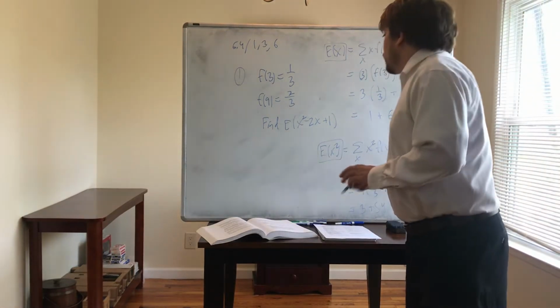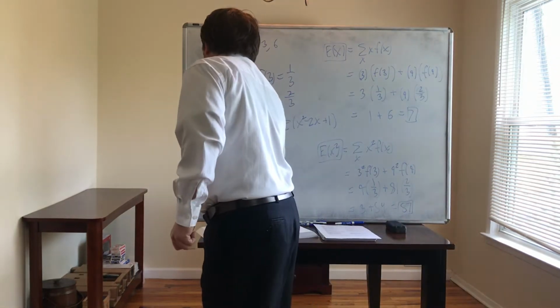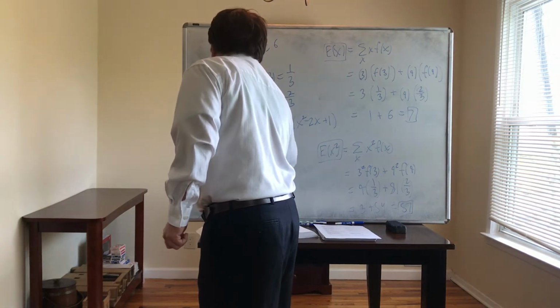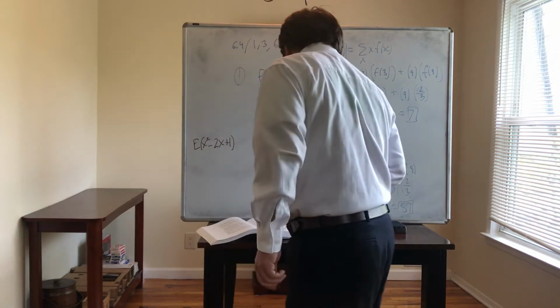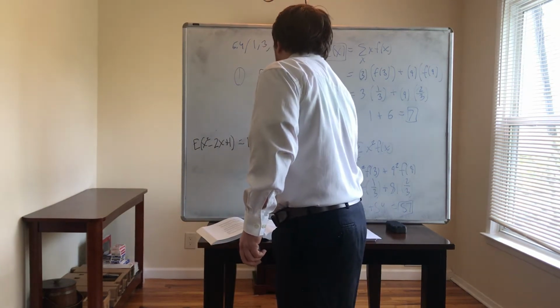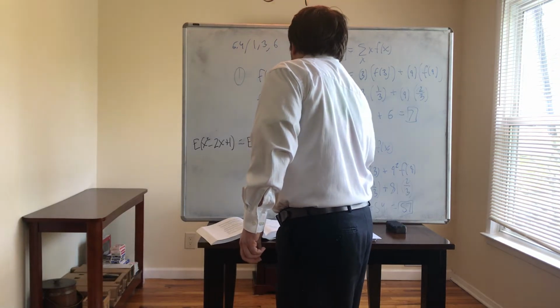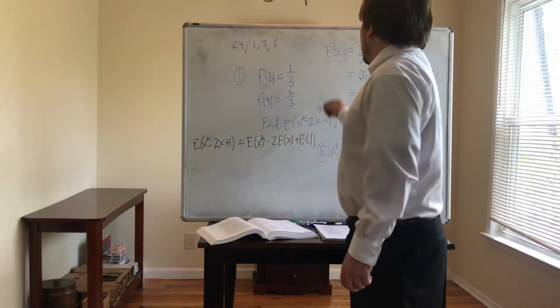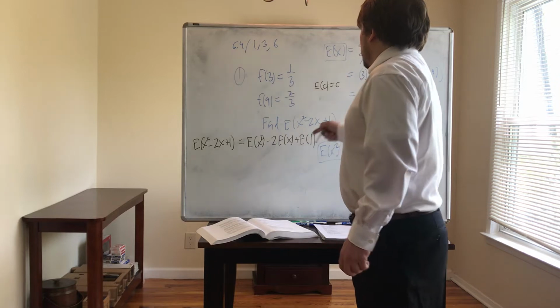Okay. So now e of x squared minus 2x plus 1, by theorem 6.4, is equal to e of x squared minus 2 times e of x plus e of 1. E of a constant is a constant, and so e of 1 is 1.